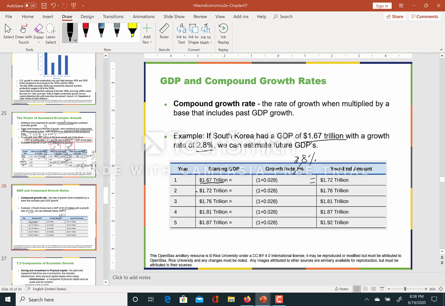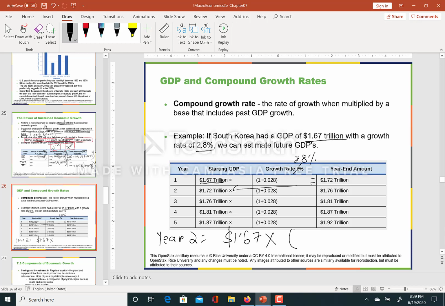If this calculation just messes you up, we can do something else. Instead of writing 1.72 here, taking this starting value over here, we can do something else for year 2. I'm trying to find out the ending value for the South Korean economy after 2 years. They started with 1.67.